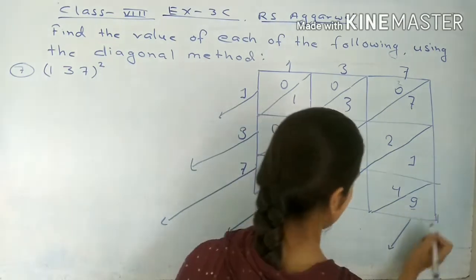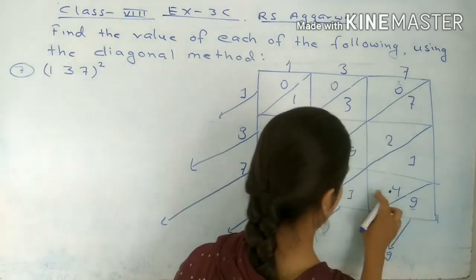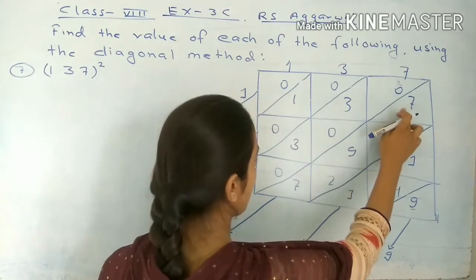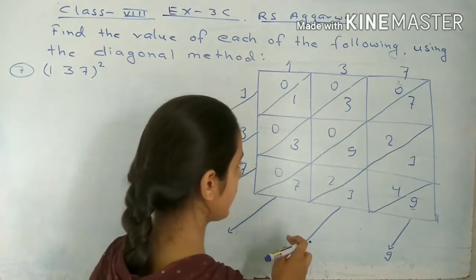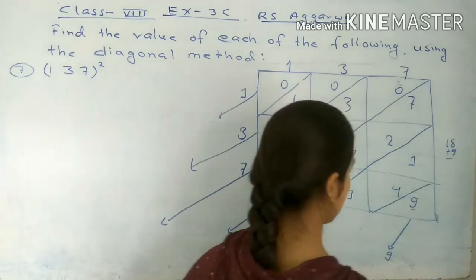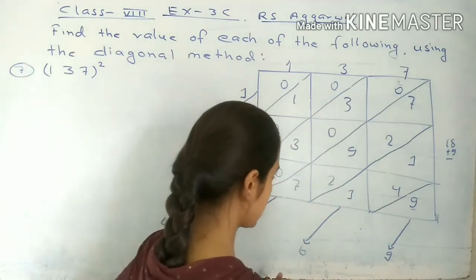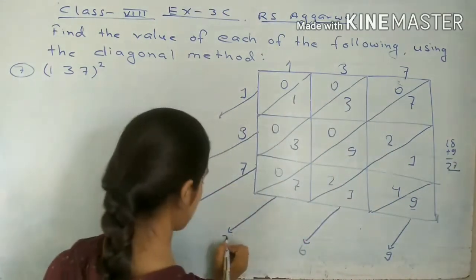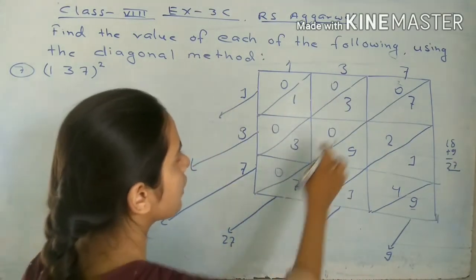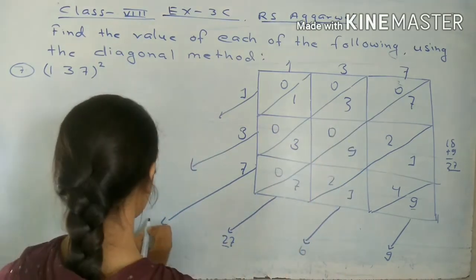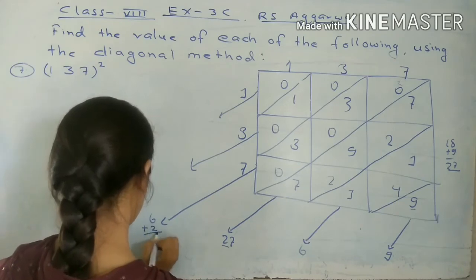So 9 is 9, and 4 is 5, and 6, and 7, 7, 14, 15, 16, 20, 18. 18 plus 9, 10, 11, 12, 13, 14, 15, 16, 20. 1 will go here, 2, 27, and here 3, 3, 6, and these 2 will go in the carry of that. So 6 plus 2 will be 8.